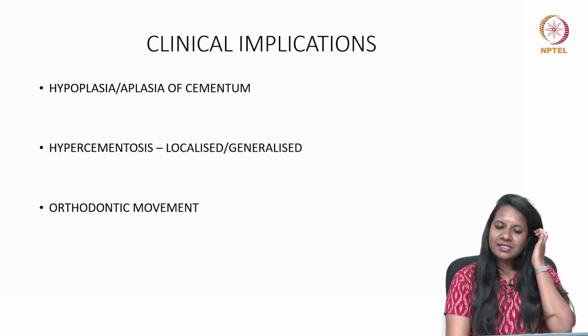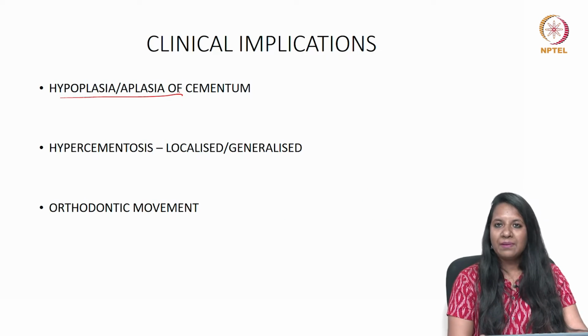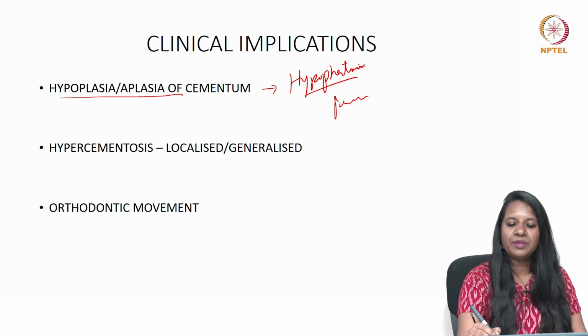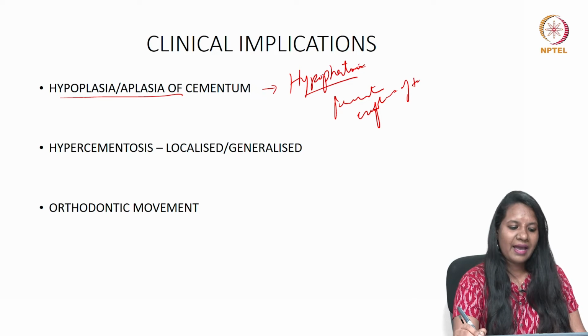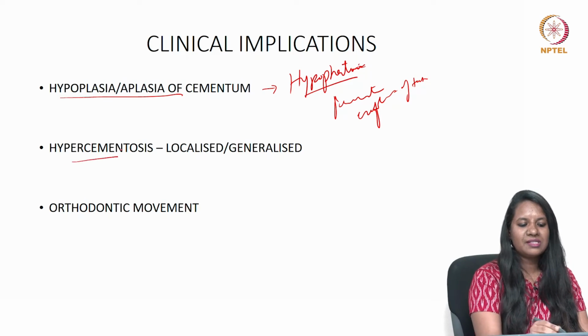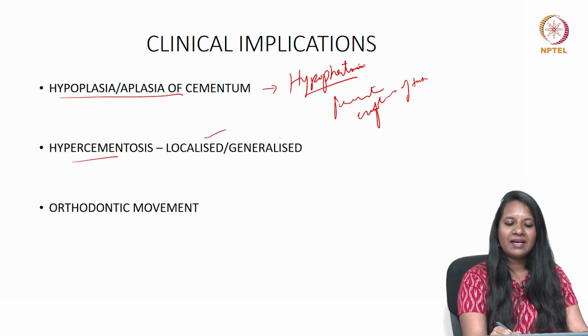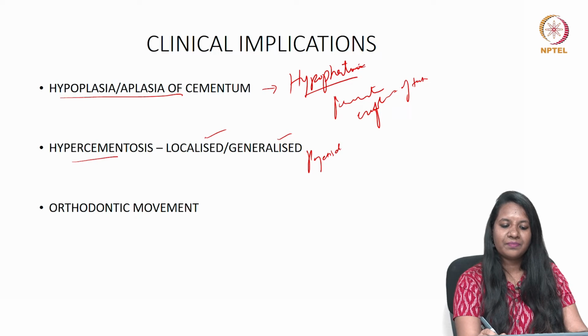Clinical implications: hypoplasia or aplasia of cementum is nothing but absence of cementum, which is seen in a condition called hypophosphatasia, where there will be a complaint of premature exfoliation of teeth. And hypercementosis is nothing but increased cemental deposition. It could be either localized or generalized, as seen in Paget's disease.